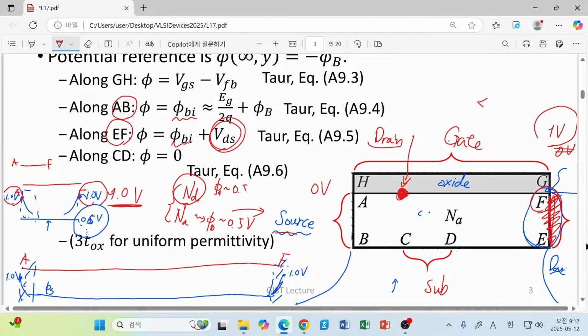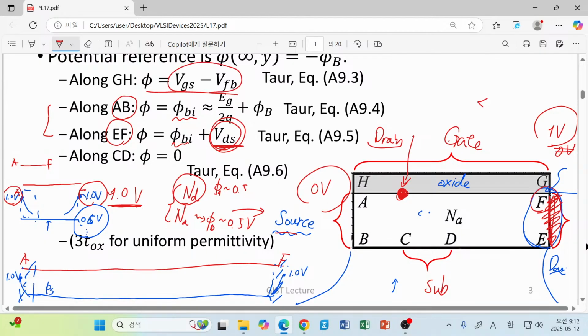Then of course the drain side potential penetration will be more severe than the source side, so we must consider this also. And the top boundary condition is not affected by this channel geometry, whether short or long; that doesn't change the value.